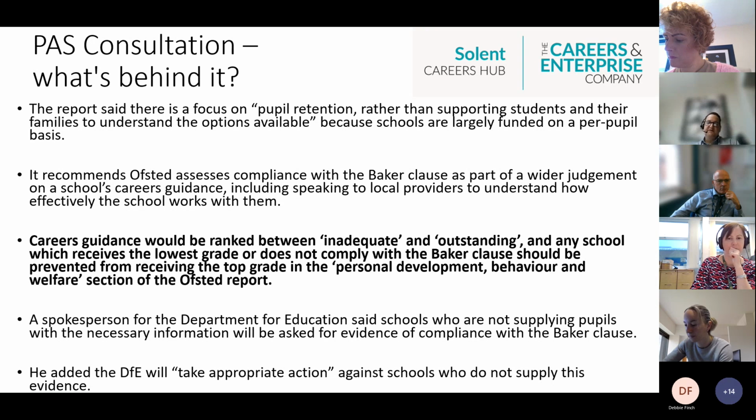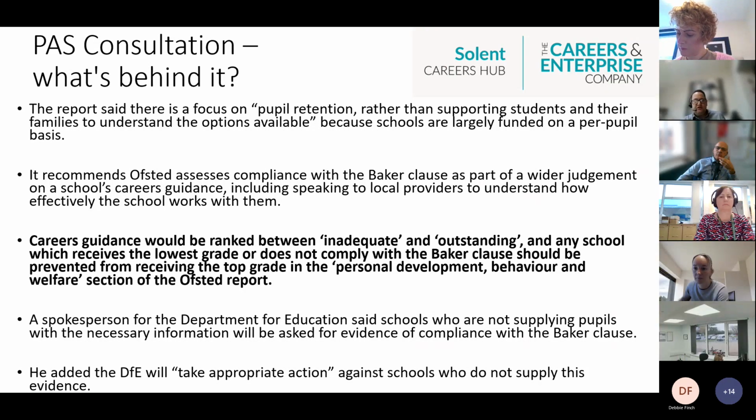The report said there is a focus on pupil retention rather than supporting students and their families to understand the options available, because schools are largely funded on a per pupil basis. It recommends Ofsted assesses compliance with the Baker Clause as part of a wider judgment on schools' guidance. It then goes on to say careers guidance would be ranked between inadequate and outstanding, and any school that receives the lowest grade or does not comply could end up with a limiting grade.